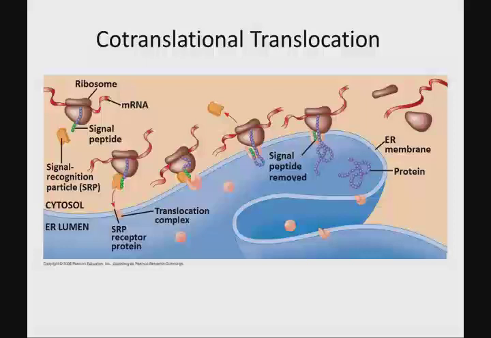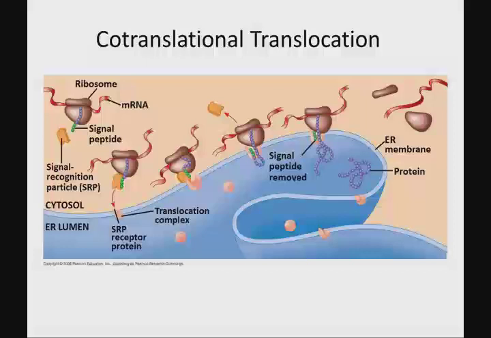Some of those will translate the protein and let it go free in the cytoplasm. Others will begin translation and then pause because the initial amino acids that emerge from the ribosome are what are called a signal peptide. And that signal peptide will bind to another protein called a signal recognition particle, the SRP.